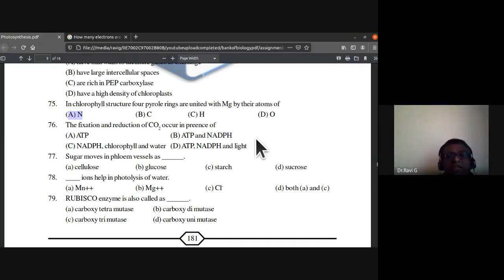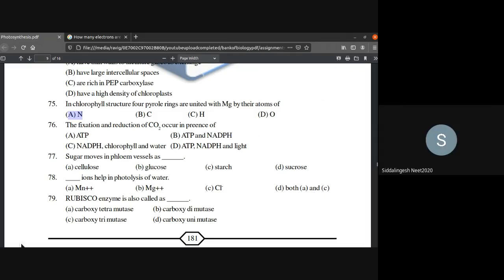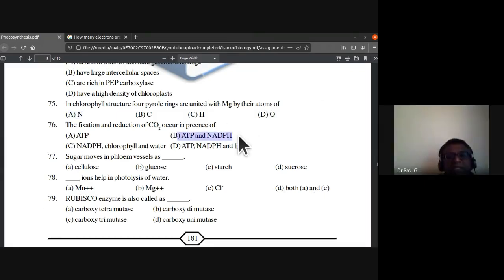The fixation and reduction of carbon dioxide occur in the presence of ATP and NADPH, or NADPH, chlorophyll and water, or ATP, NADPH and light. Option B, sir. Yes, ATP and NADPH are the energy source for the dark reaction. So for 76, the answer is B.